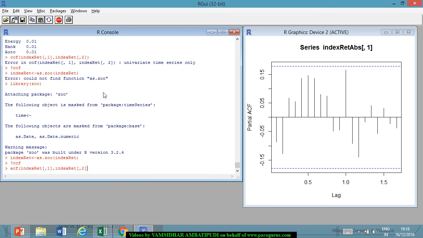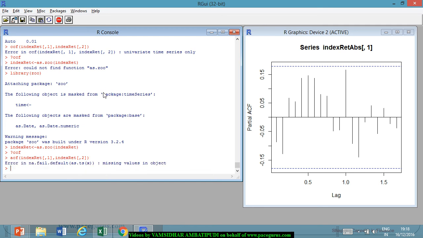If I look at this ACF, okay, but let me again convert it back to the time series object itself.